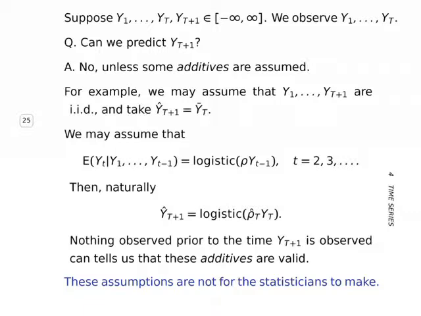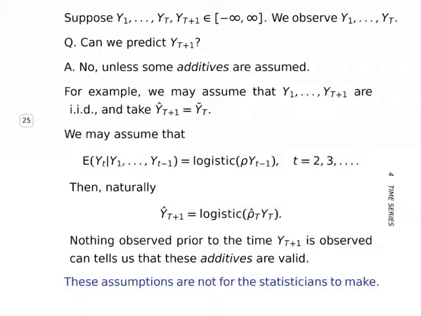Can we predict yt plus 1? Predict means build a confidence interval around the value. I don't mean give a precise value. I believe, and I know that people think it's strange, that unless some additives are assumed, you cannot do it. Absolutely cannot. What do I mean by additive?